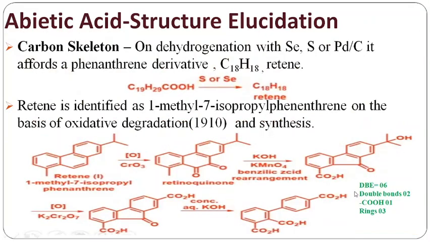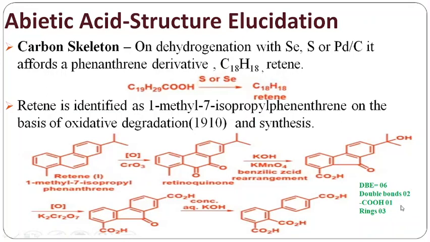So thus, on the basis of the dehydrogenation method, the formation of retene and the synthesis of retene, we have come to the following conclusions. The double bond equivalent, as we know earlier, is 6. 2 double bonds are present in abietic acid.